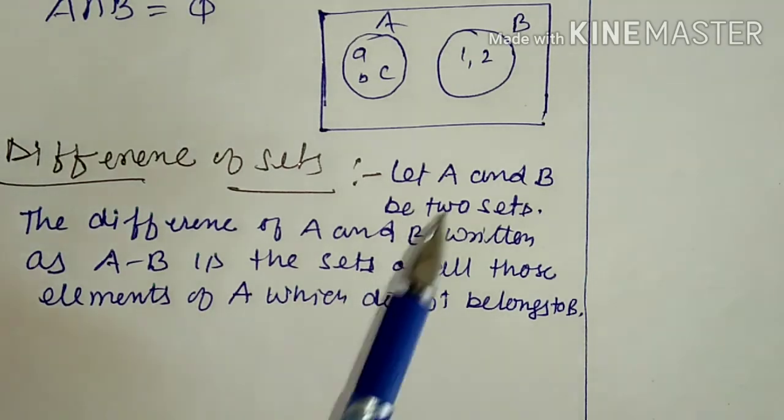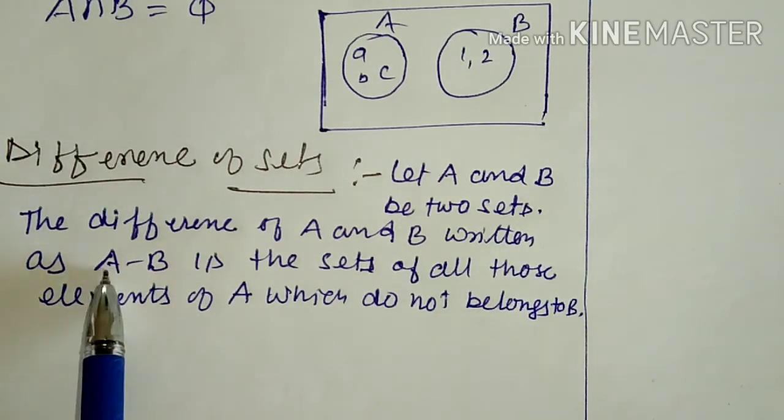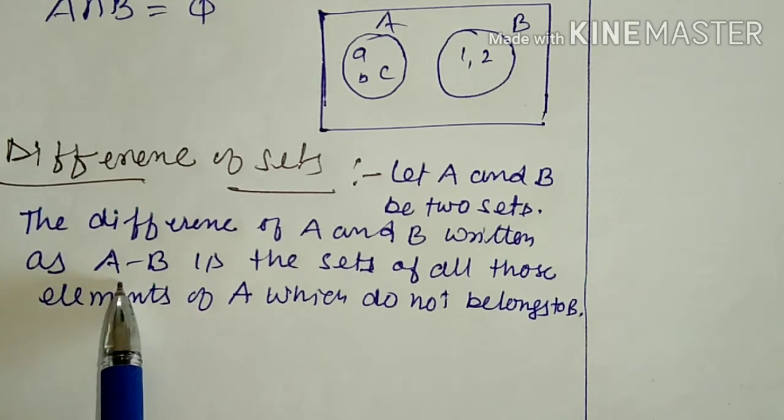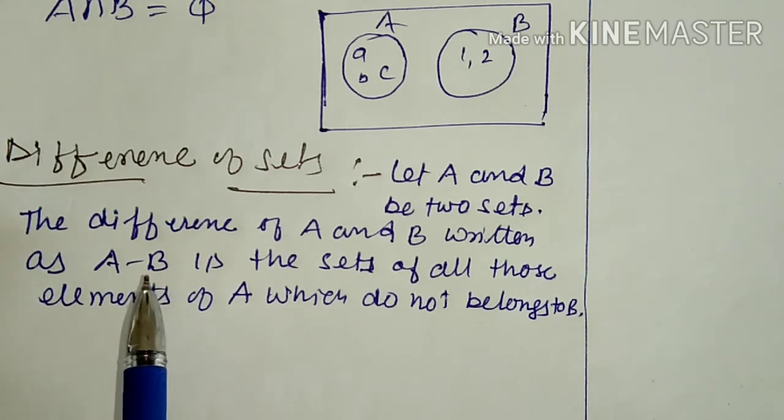So we have two sets A and B. In these two sets, A minus B is a set which collects only the elements of A which do not belong to B. Clear? Means A minus B उन एलिमेंट को कलेक्ट करेगा जो B से बिलोंग नहीं करते होंगे. Clear? So we will understand by an example.